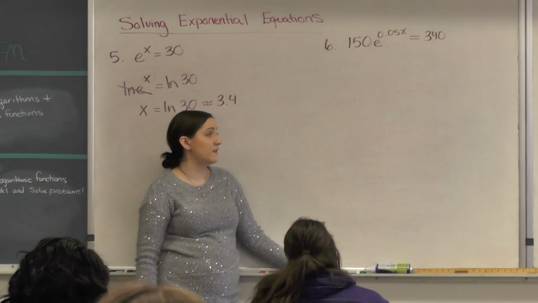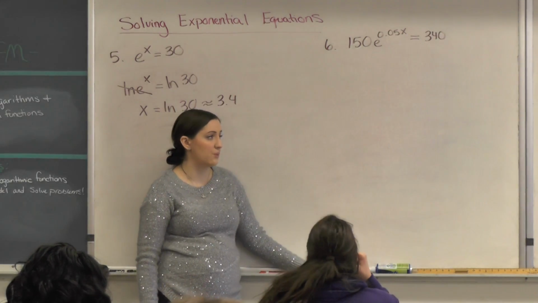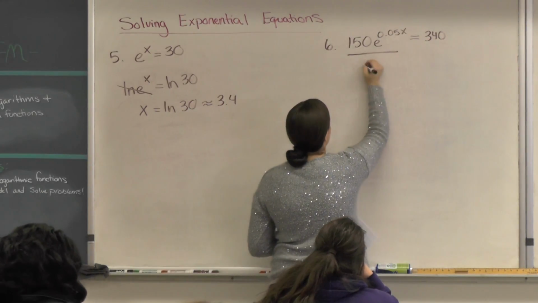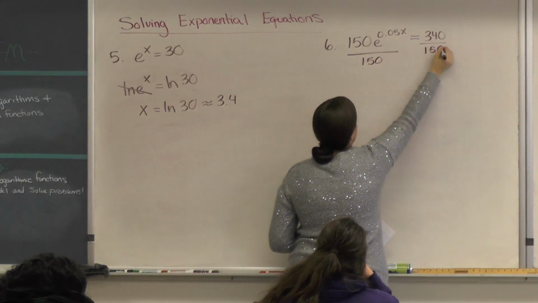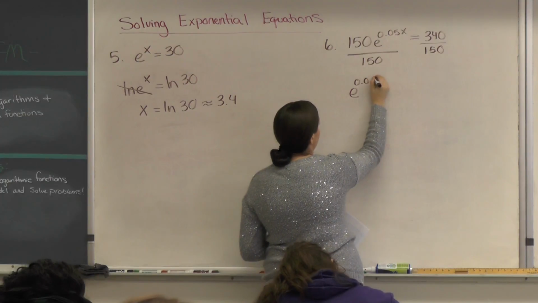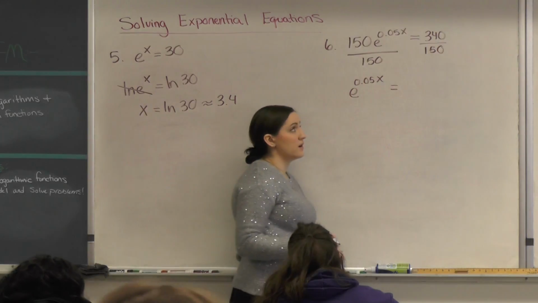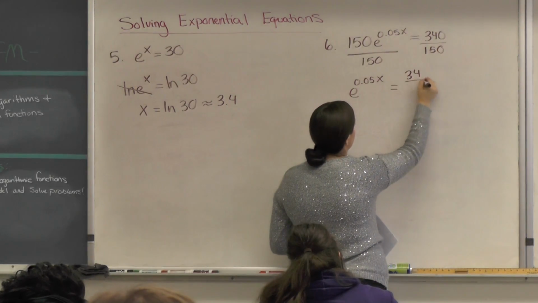Because there's 150 multiplied by it out front. So if it's multiplied, what do I need to do to get rid of it? Divide. We need to divide by 150. Then we're going to be left with e to the power 0.05x. 340 over 150 is reduced down to 34 over 15.